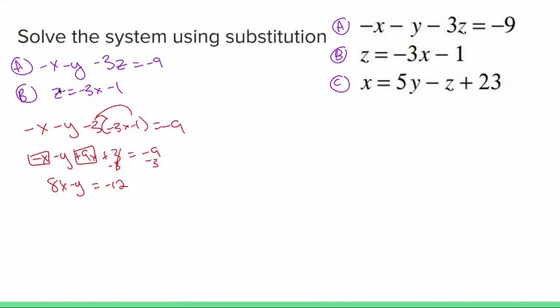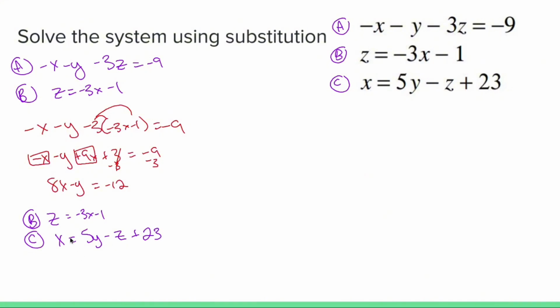All right, so we did A and B. Now, using that same B, let's use B and C. B again was z equals negative 3x minus 1, and C is x equals 5y minus z plus 23.